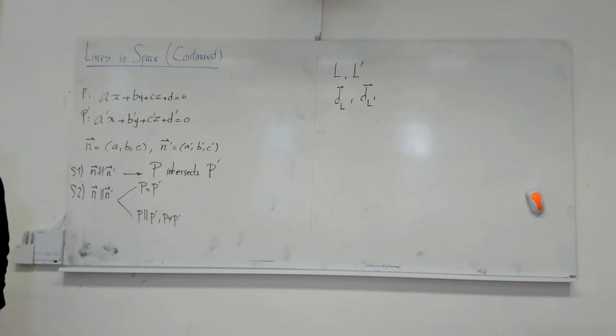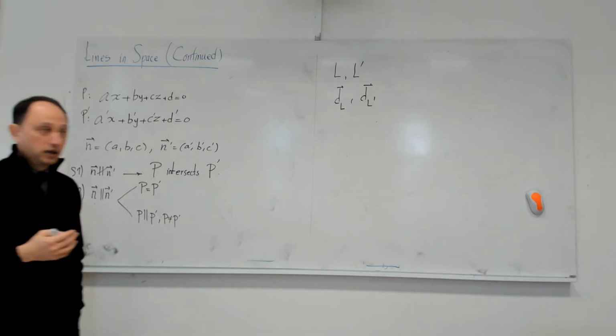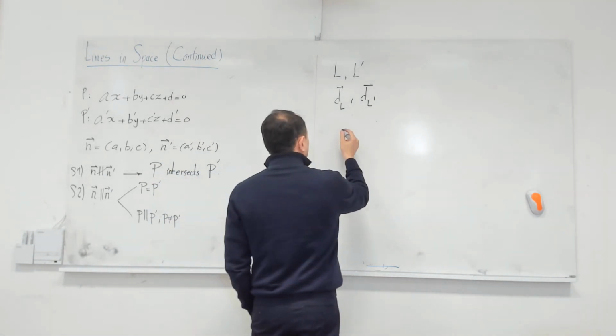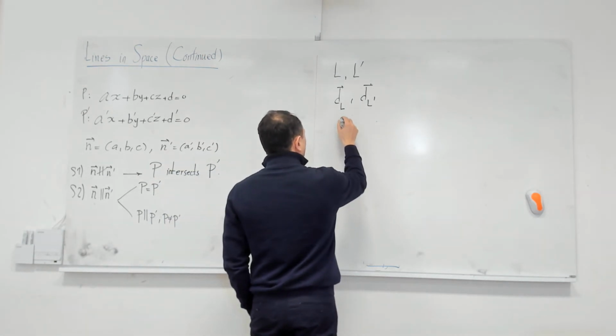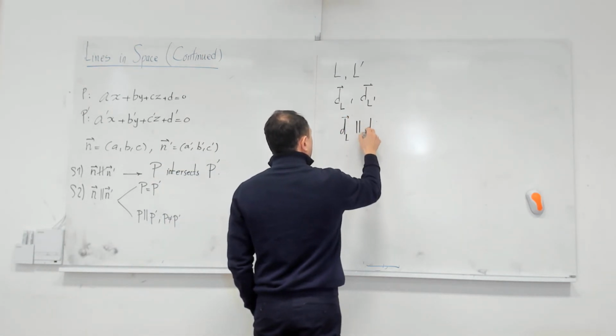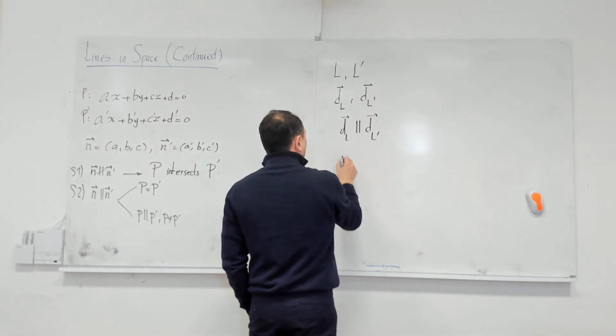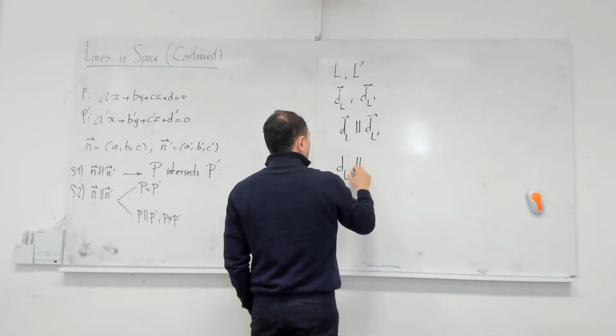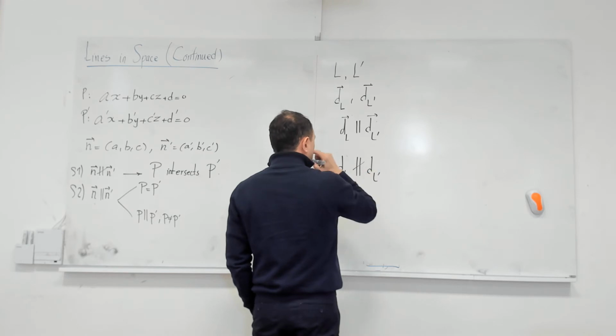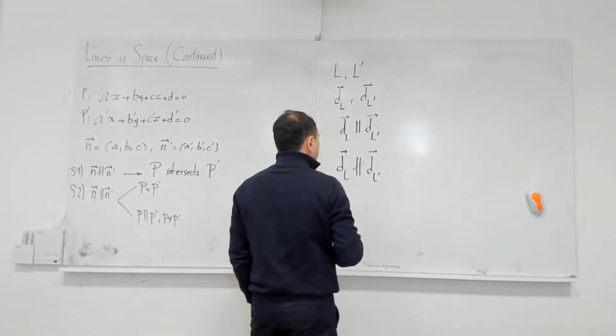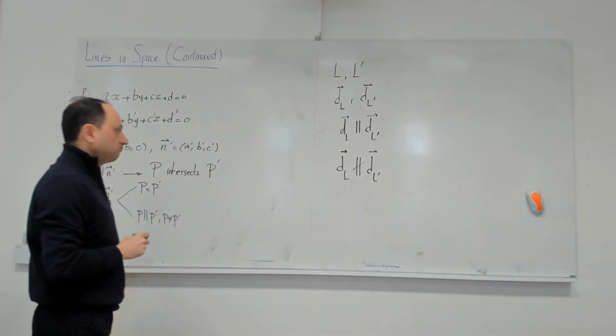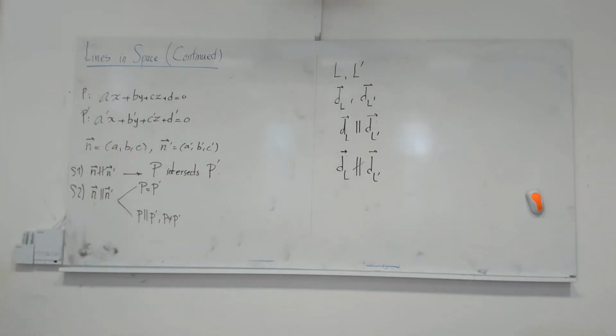So there are two scenarios going on. Either these two vectors are parallel or not parallel. Okay? So there are two possibilities. Either dL is parallel to dL prime, or dL is not parallel to dL prime. Then what?